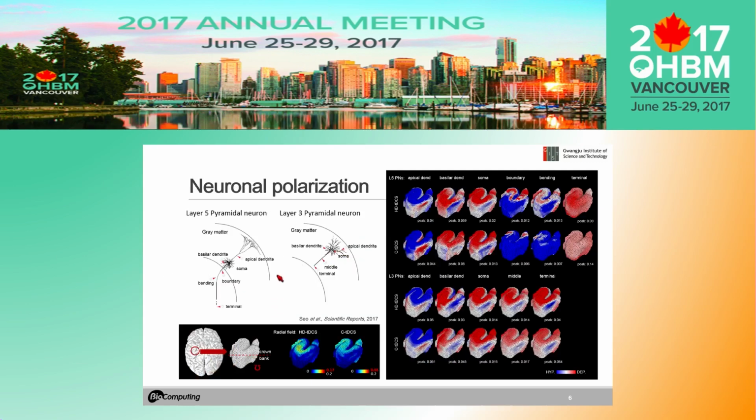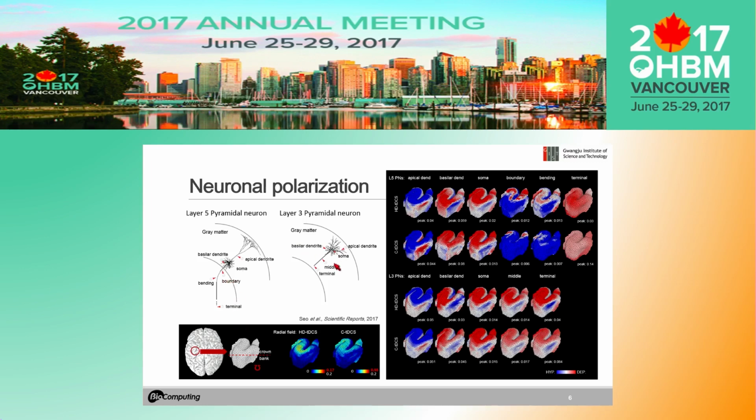So here is the result. We investigated the neuronal polarization induced by tDCS, and for this, we pointed out some specific compartments. We picked the apical dendrite, basal dendrite, and soma for both neurons, and for the layer 5 pyramidal neuron, we selected the axon crossing the boundary between gray matter and white matter, and the bending part and terminal part.